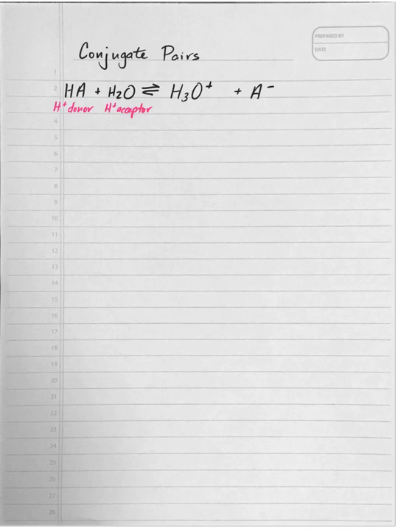After the proton has been donated to water, we are left with A minus. A minus is called the acid anion. It's the anion that's left after the proton has been lost.